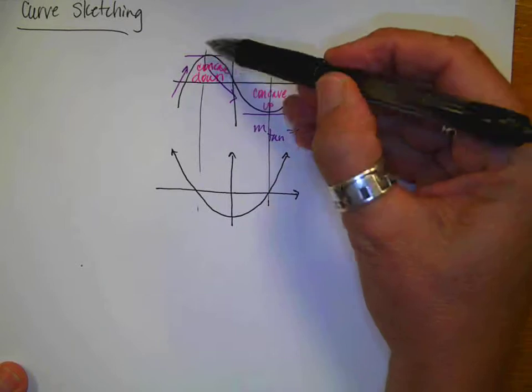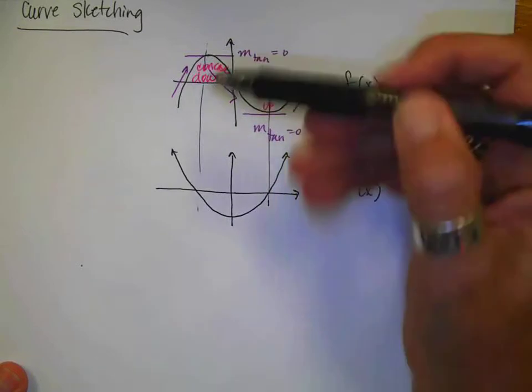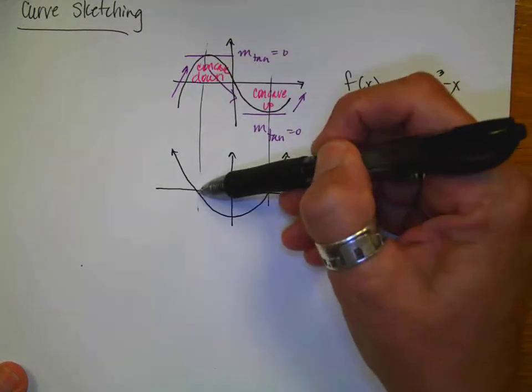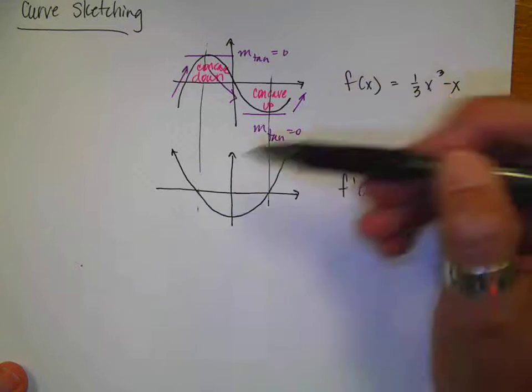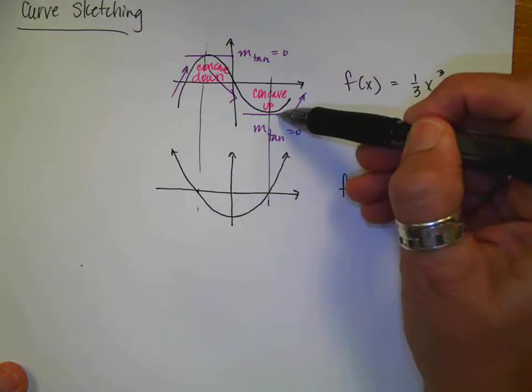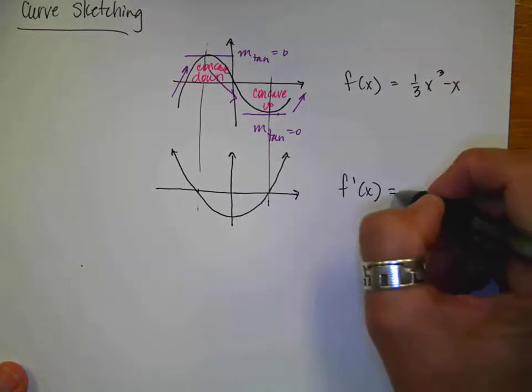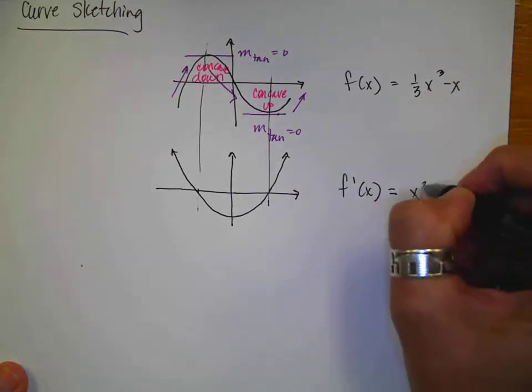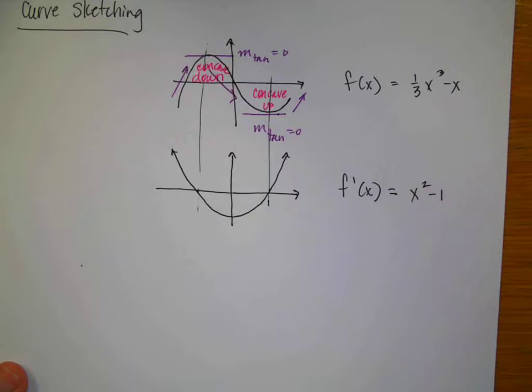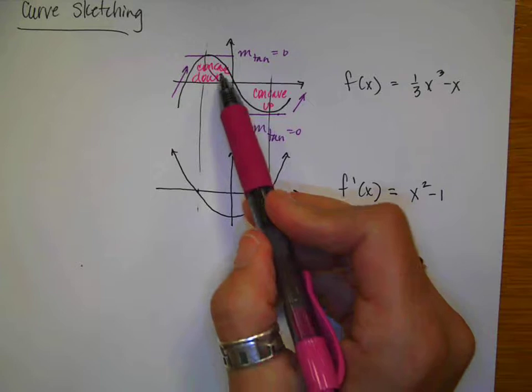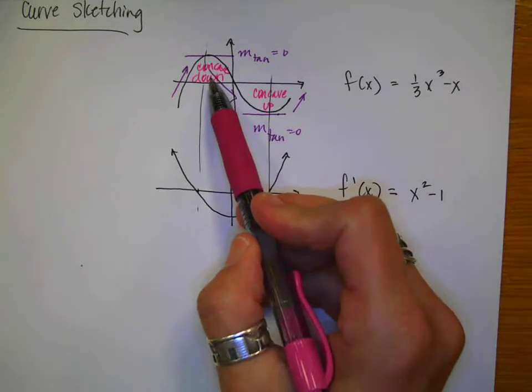So then if I think about my graph this way, it's going to look kind of like this, and I'll explain some words about it in a minute. Notice that where I had a horizontal tangent up here, that becomes an x-intercept on the first derivative. I had a horizontal tangent on the original function, that became an x-intercept. If I did this math, my derivative would be x squared minus 1.